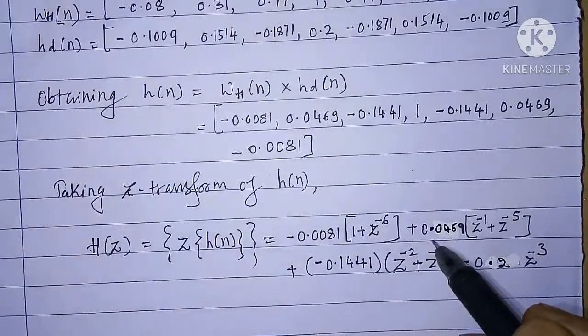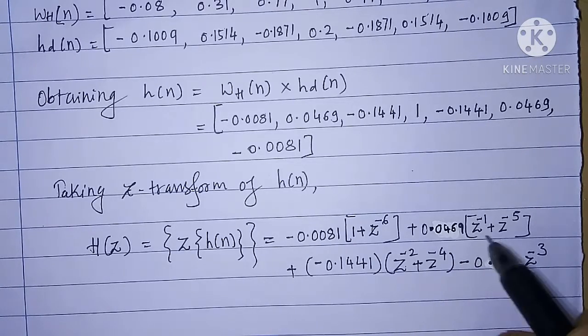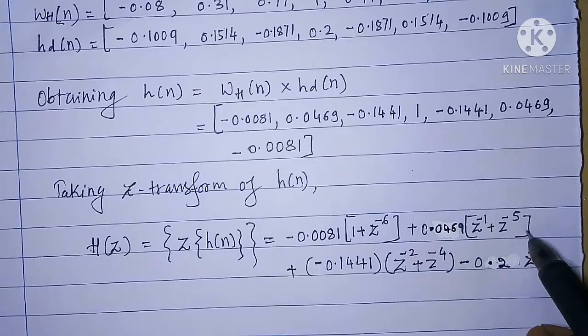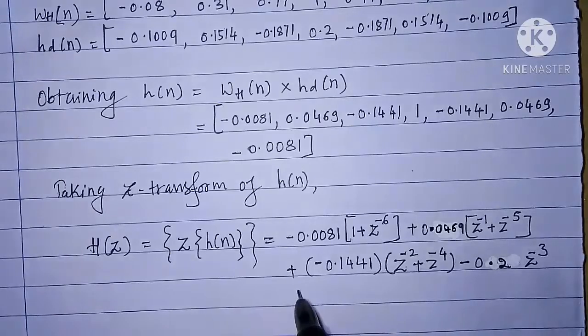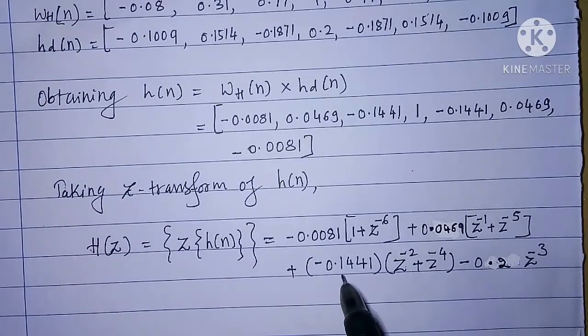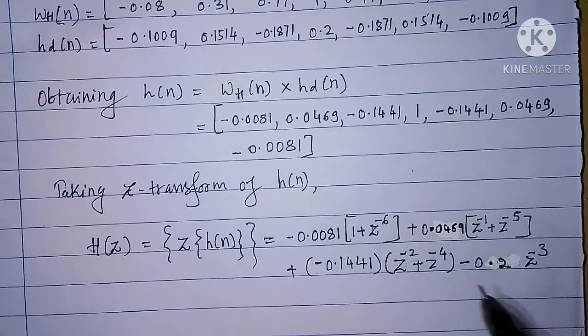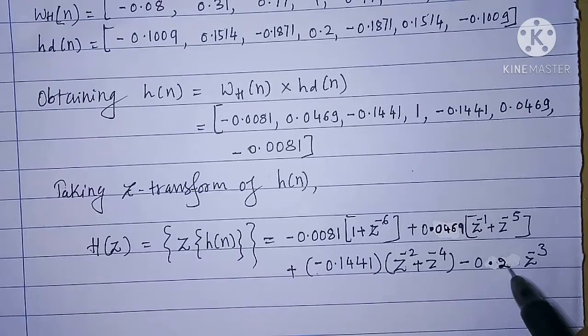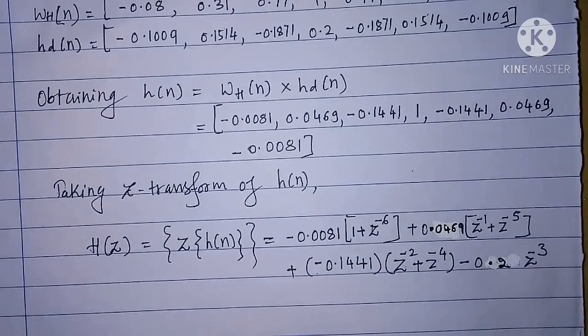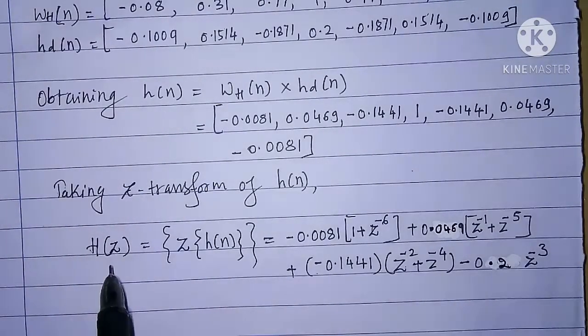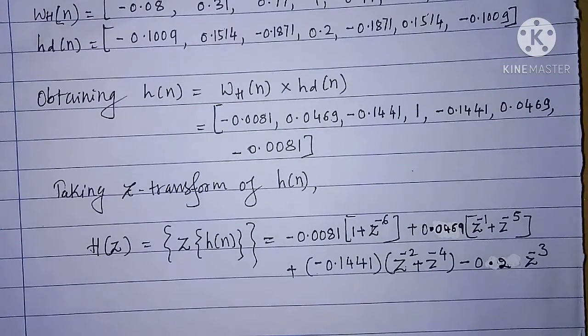Similarly, 0.0469 into Z raised to minus 1 plus Z raised to minus 5 plus 0.1441 with negative sign into Z raised to minus 2 plus Z raised to minus 4 minus 0.2 into Z raised to minus 3. So this is the digital transfer function of high pass linear phase FIR filter.